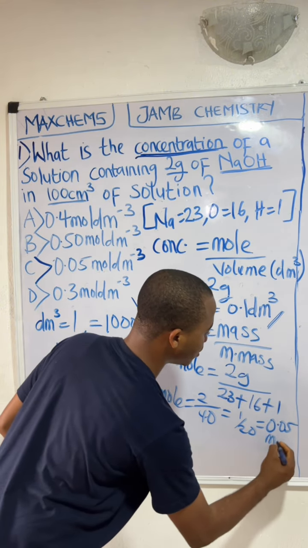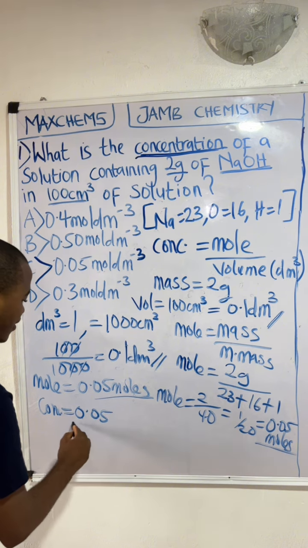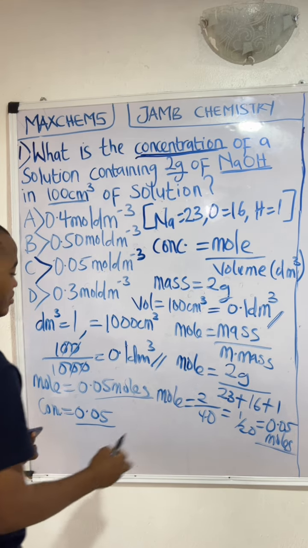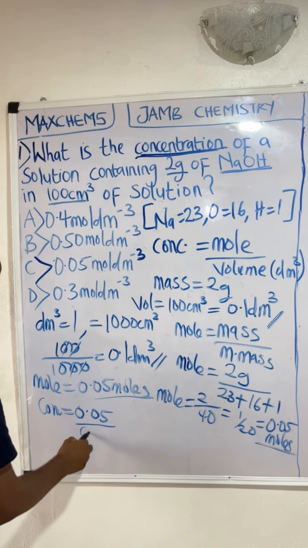So now, from the concentration formula, it is mole over volume. Our mole is 0.05, divided by our volume in dm³, which is 0.1.